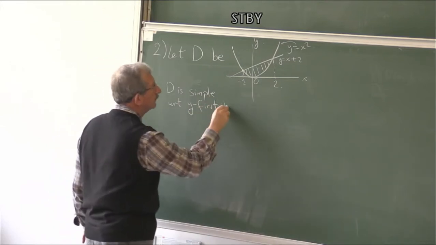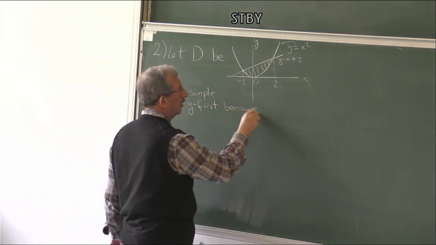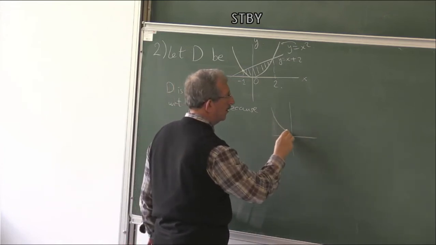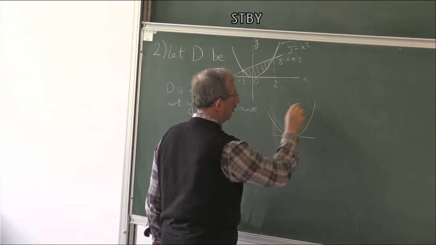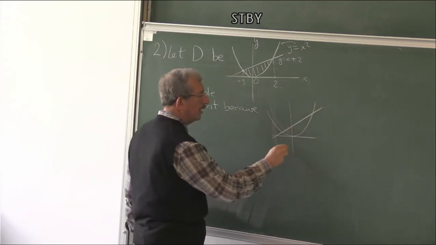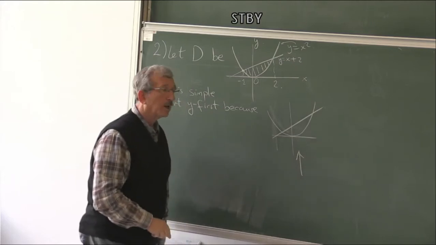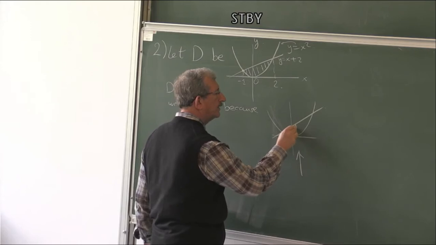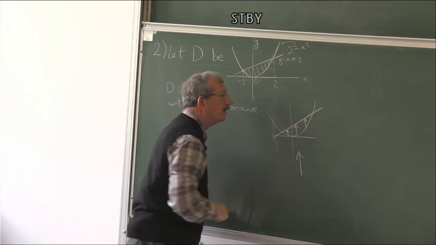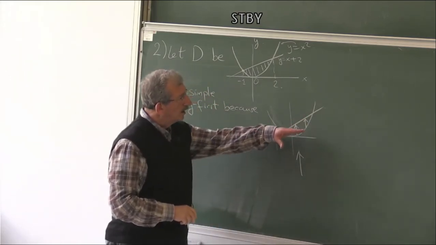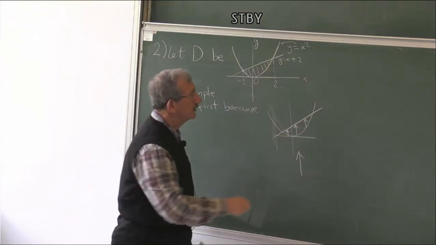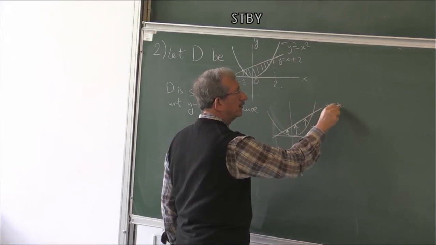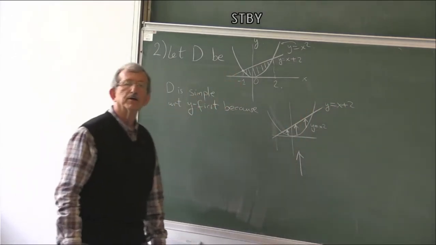Because if you look in the y direction, you always have a first curve and a second curve, and y moves from the first curve, which is the parabola, to the line y is x plus 2.